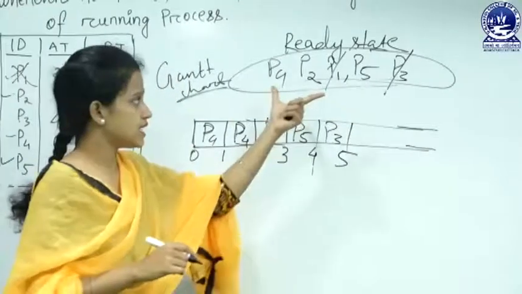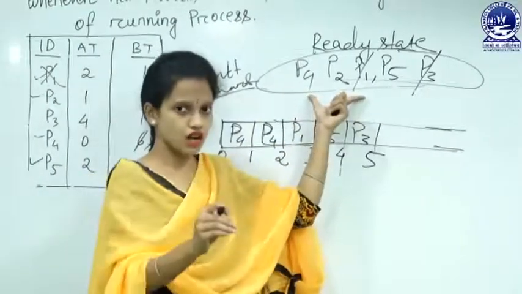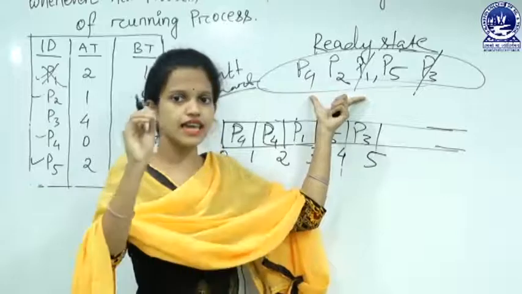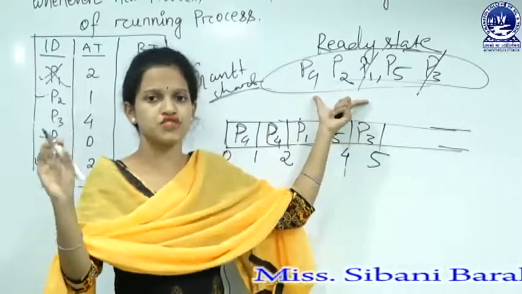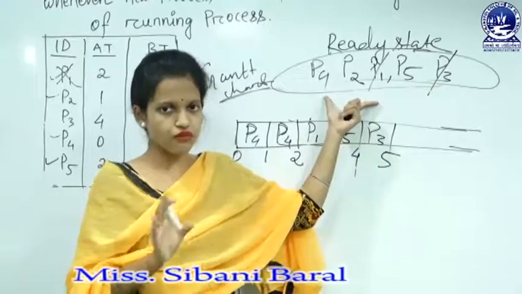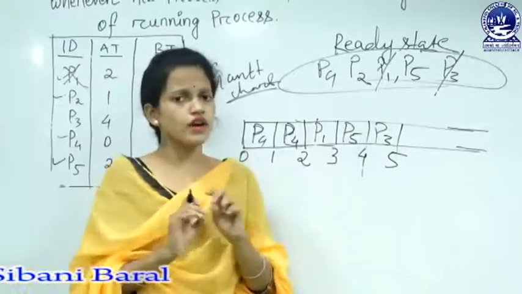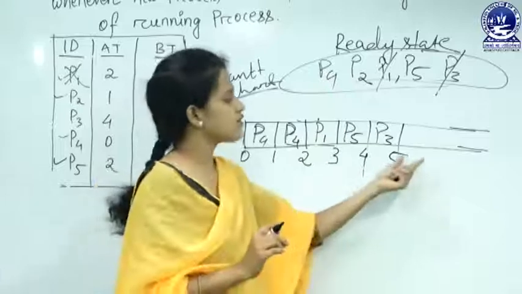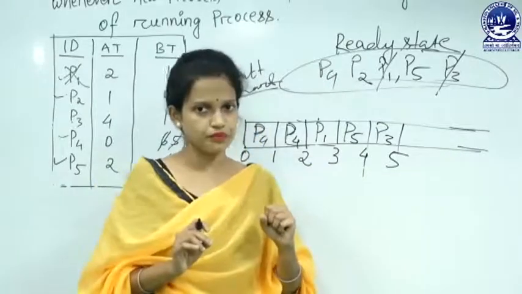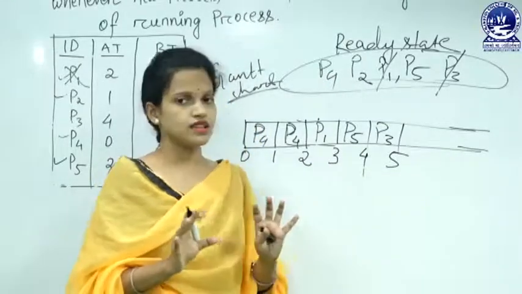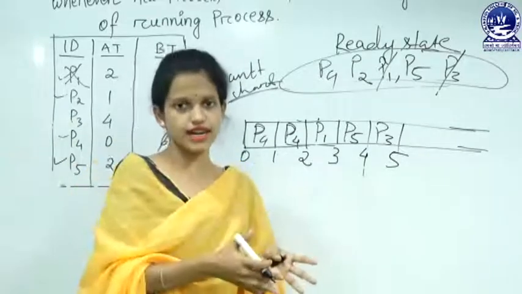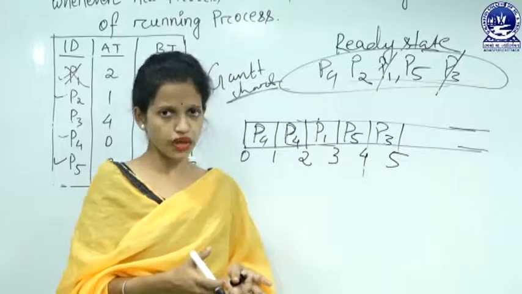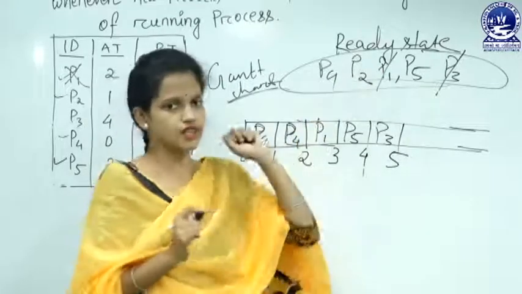Now it will be solved as SJF, simply SJF with non-preemption. It is not necessary to check each and every millisecond, because there is no chance of a newly arrived process. We already have all processes in the ready state.